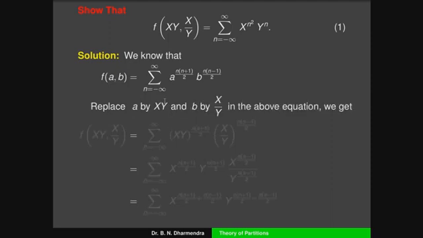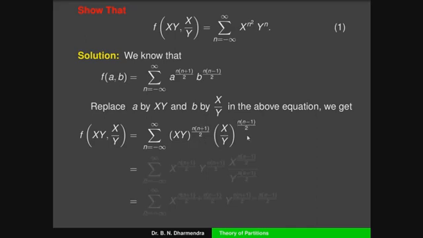The above equation becomes f(xy, x/y) equal to the summation n from minus infinity to plus infinity of (xy) to the power n(n+1)/2 into (x/y) to the power n(n-1)/2.